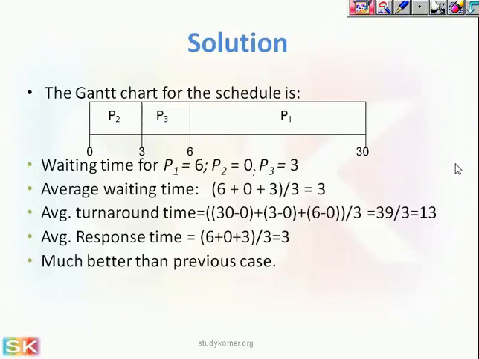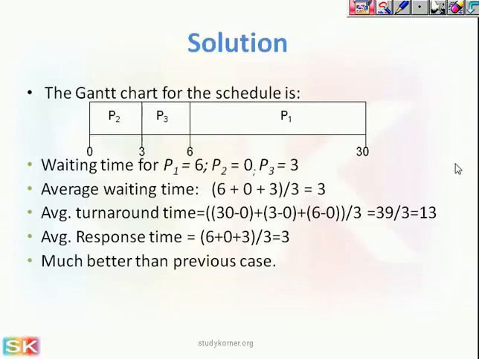If you look at the burst time of these processes, this time we executed P2 and P3 first and their burst time was 3. So the highest burst time process P1 was executed last.